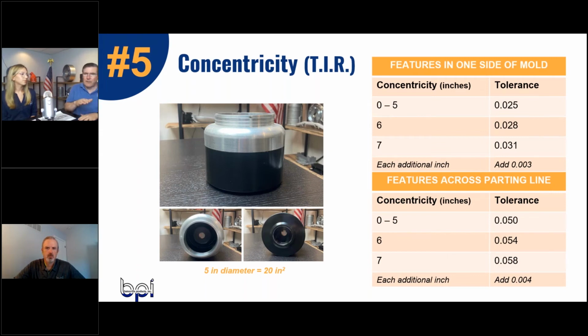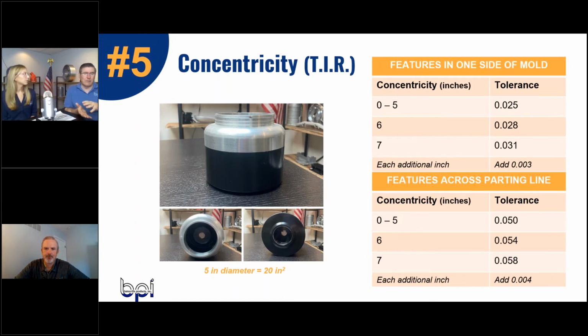If everything in that casting is in one side of the mold, there are smaller concentricity tolerances that will occur because everything's been machined in the same setting and everything should be relatively concentric in a one-sided mold. When we go across a parting line, though, there can be a slight amount of mismatch at that parting line.